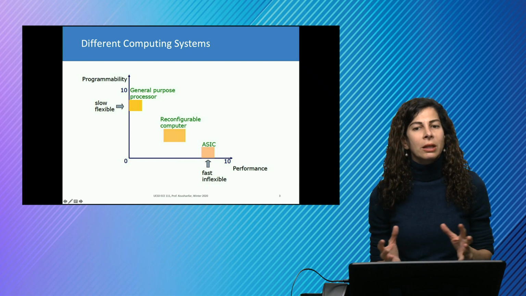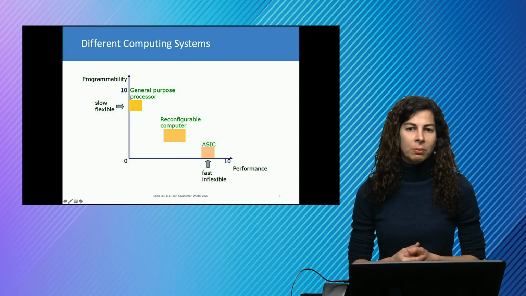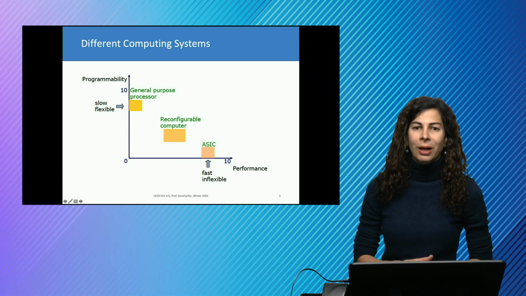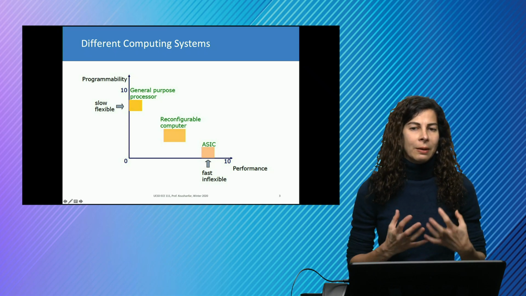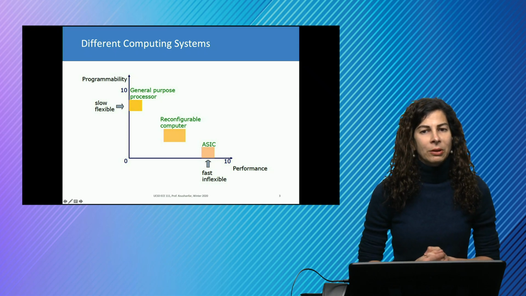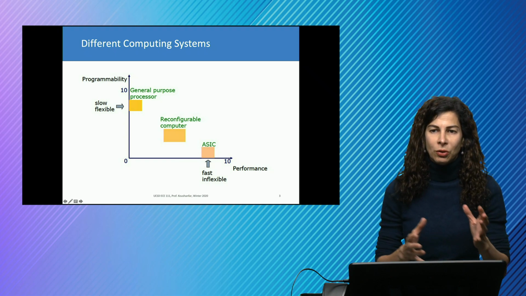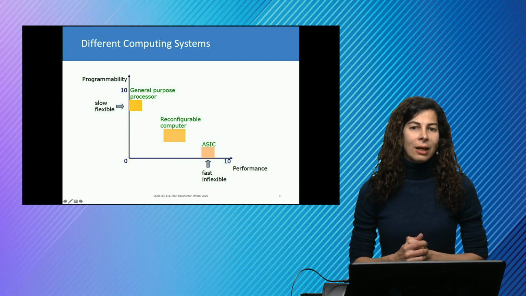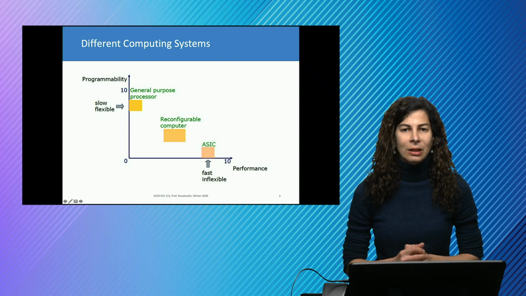But the middle ground here is reconfigurable computing, where the performance is way better than a general purpose processor. We get a fair amount of hardware parallelism from a piece of hardware, as opposed to a general purpose processor, where we have to wait for the instructions to go one by one to each thread. But we also get some degree of programmability in the hardware.